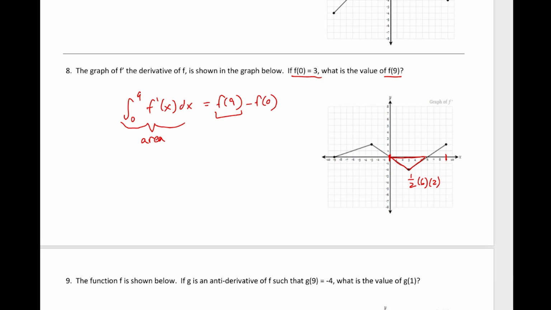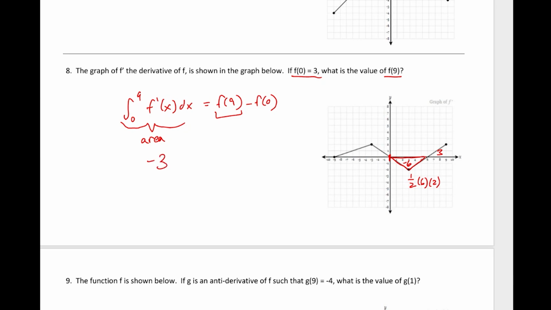So this has an area 6, but we're going to think of it as negative 6 because it's below the x-axis. The next triangle has a base of 3 and a height of 2. 3 times 2 is 6, divided by 2 is 3. So we're going to think of that as positive 3. So the overall area from 0 to 9 is negative 3.